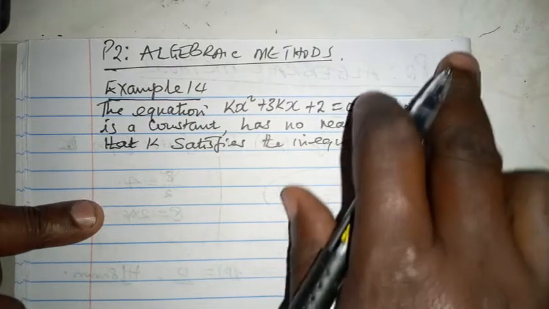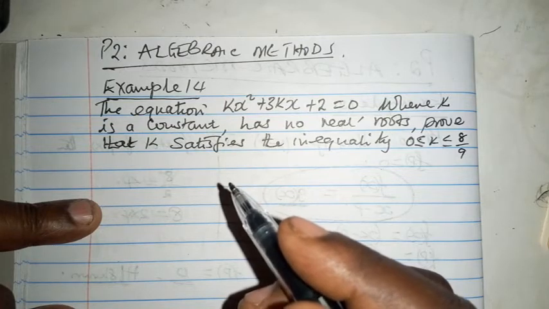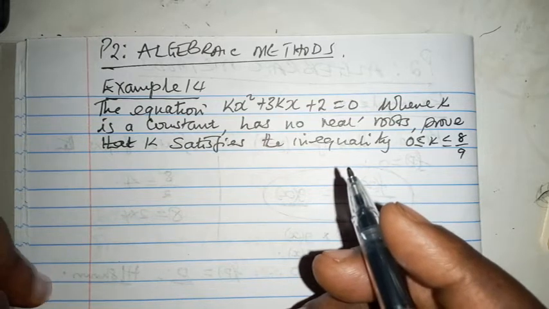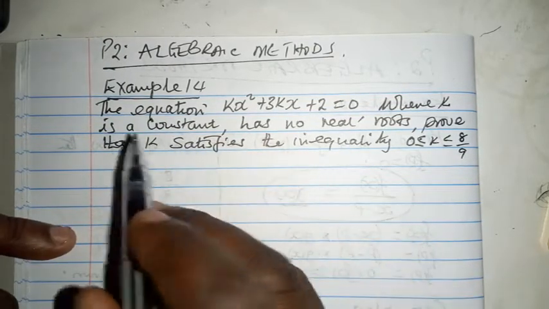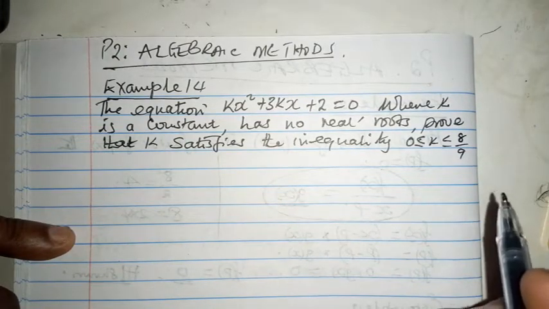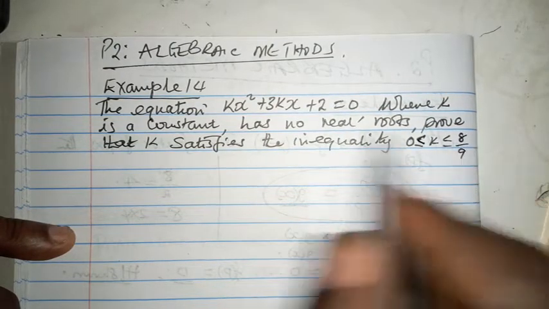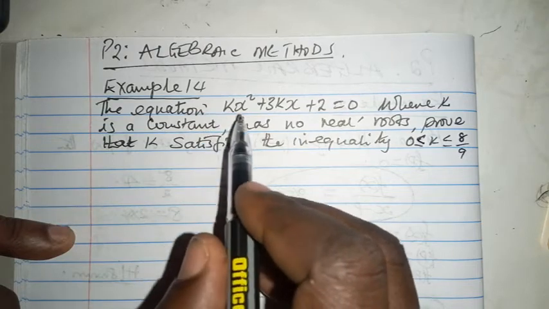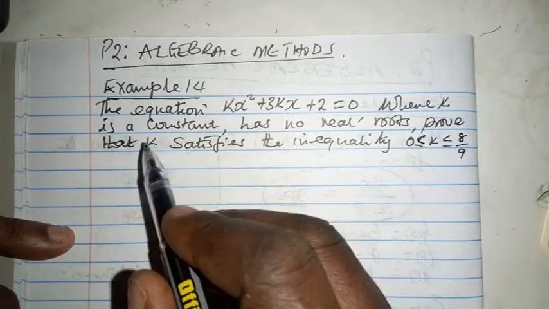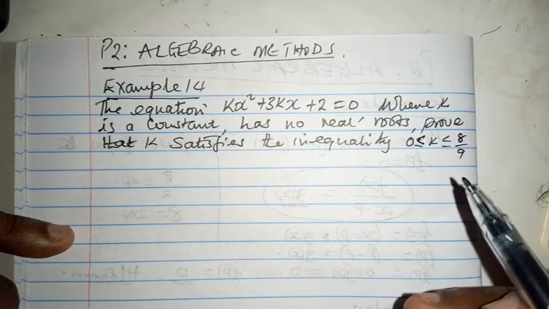And today I want us to discuss Pure Mathematics 2 Algebraic Methods, which is Chapter 1. In this video, we're going to look at example 14, which expects us to find a range of k, or to show that k ranges between 0 and 8 over 9, when the equation kx squared plus 3kx plus 2 equals 0, where k is a constant, has no real roots.